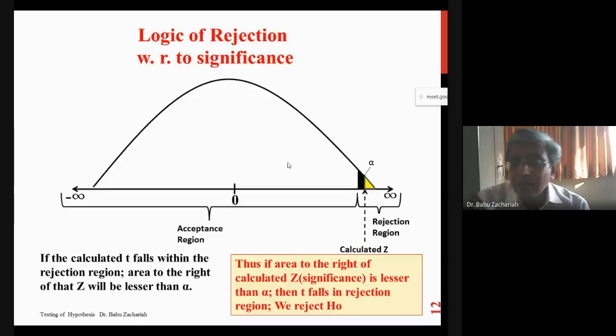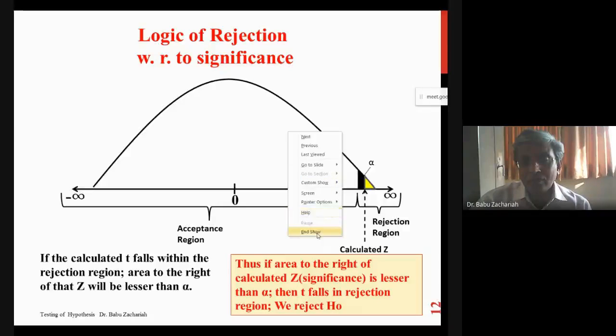This area to the right, whatever is shown as yellow mark, in SPSS and other software they call it significance or p-value. So looking at the significance or p-value, we arrive at the conclusion. Here we are not going to look into the tables.